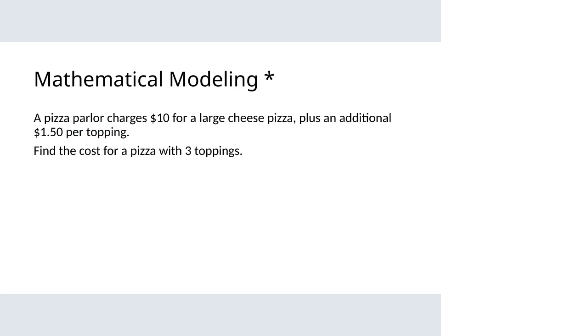A pizza parlor charges $10 for a large cheese pizza plus $1.50 per topping. Find the cost of a pizza with 3 toppings. Just to get us back in the swing of using a poll, we'll do a poll here.